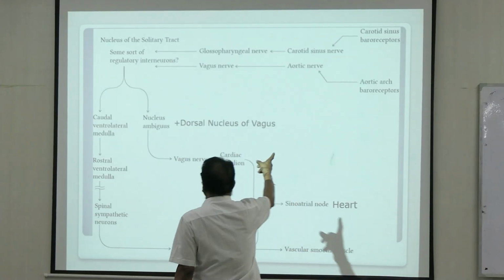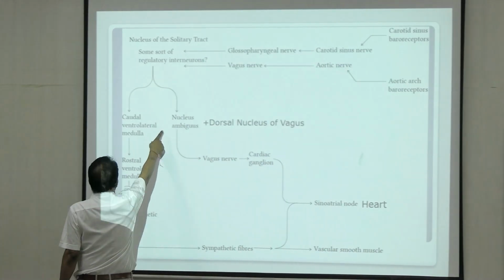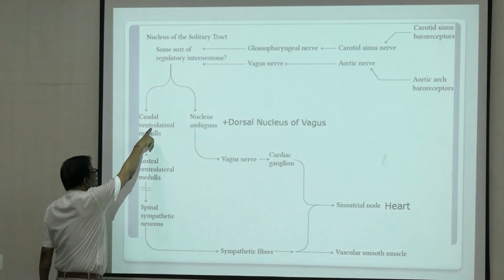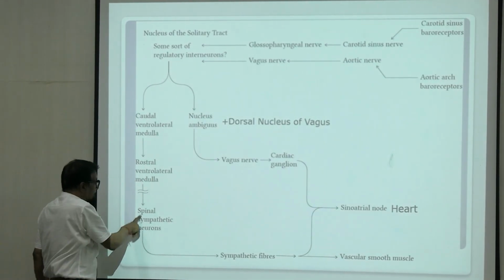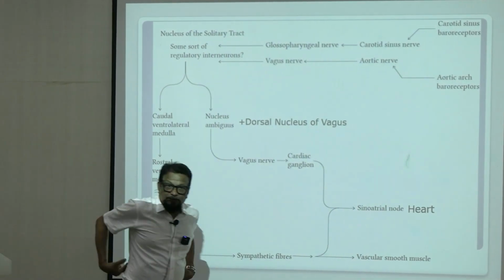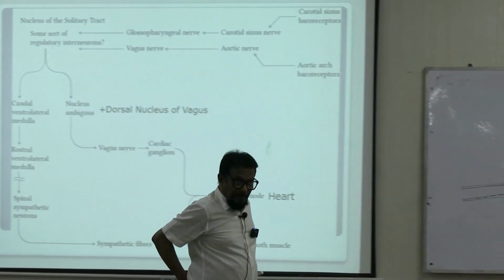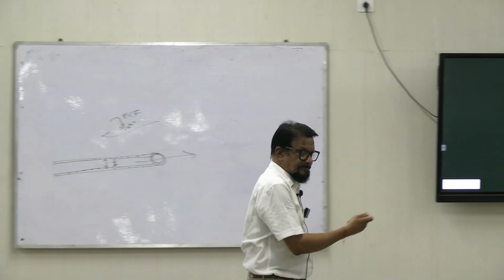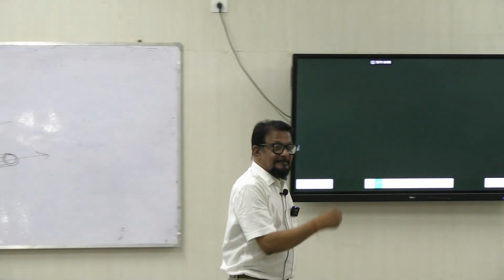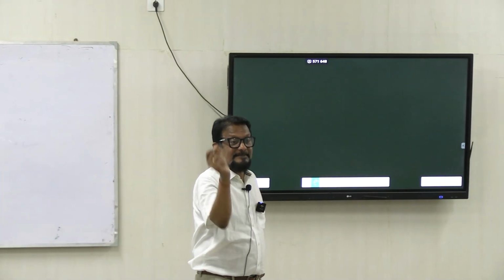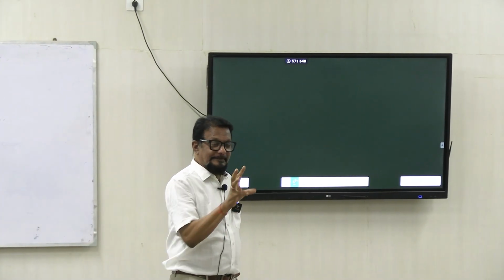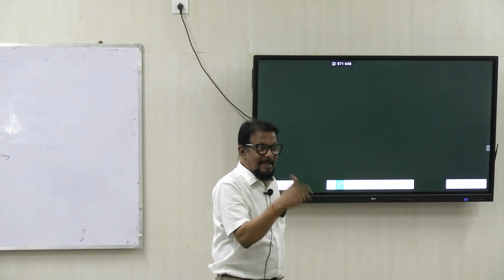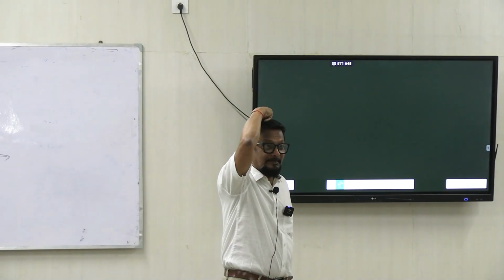At the same time, it will stimulate the pressor area in the medulla. This will stimulate the lateral horn cells of the spinal cord, from which sympathetic nerves supply the heart and release adrenaline and noradrenaline. As a result, cardiac activity will be increased.